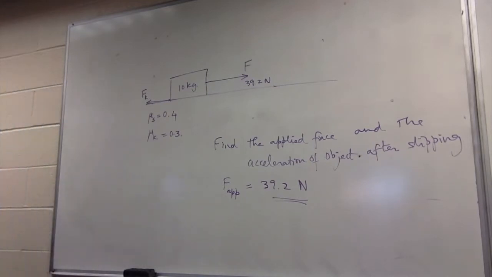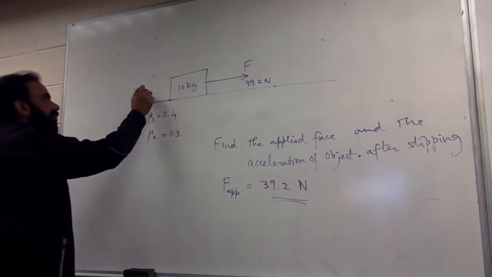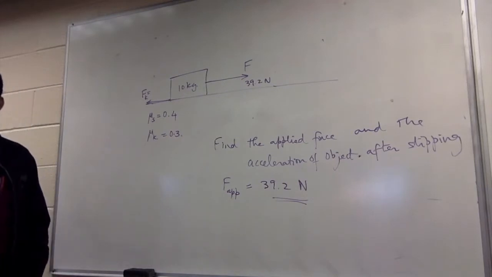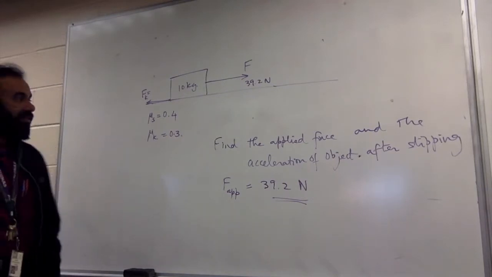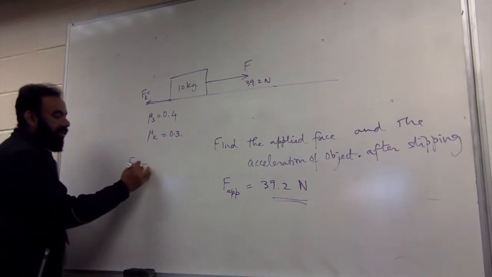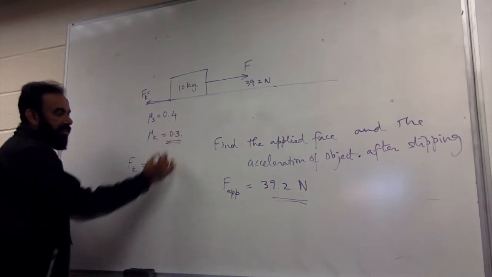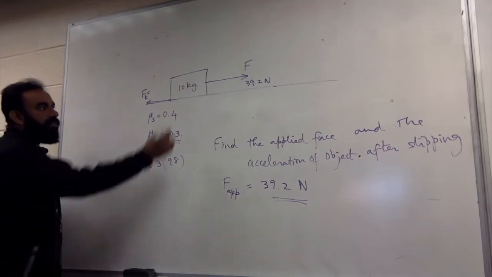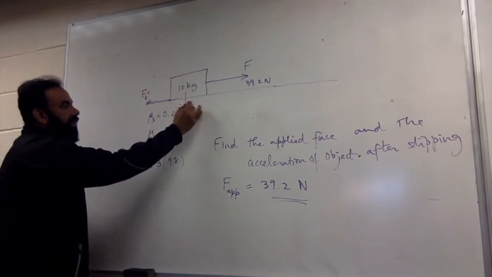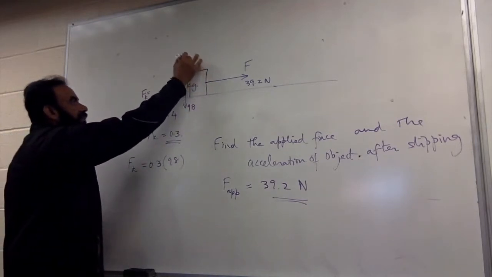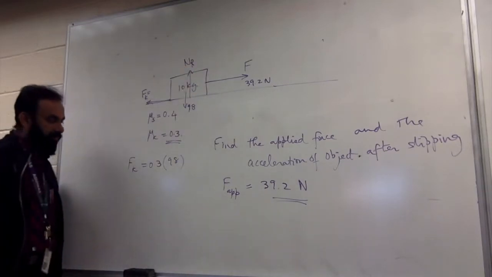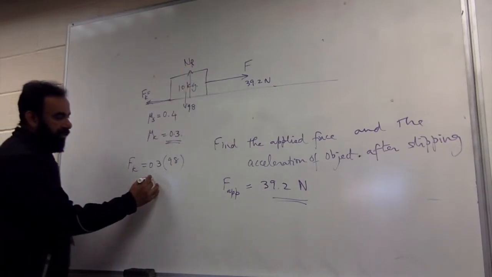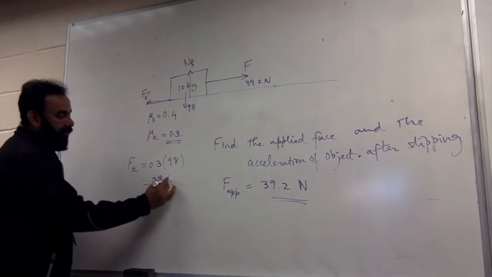You need to evaluate that Fk now. What is Fk as it starts moving? Fk is going to be 0.3, this constant, times the normal reaction. The weight is 98, therefore the normal reaction is 98. So this one is 29.4 backward.